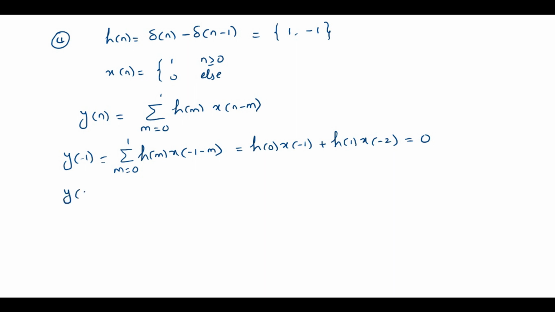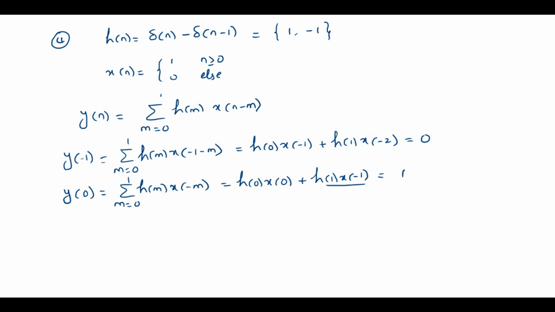Next, y of 0, that is summation m from 0 to 1 of h of m x of minus m. Its value is h of 0 into x of 0 plus h of 1 into x of minus 1. This second term is 0, because the input for negative time is 0. So h of 0 and x of 0 both are 1.